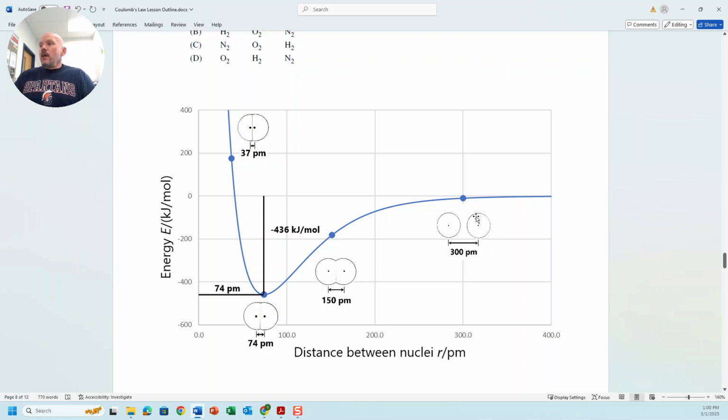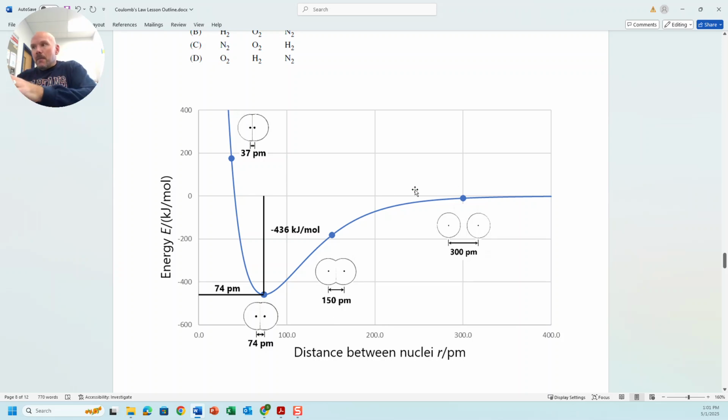And what are you increasing? The electrons in this cloud are attracted to that nucleus, and the electrons in this cloud are attracted to that nucleus. And so as they get closer, that attraction builds, but eventually you get to a point where you keep forcing them closer together, and then they start to repel each other because the nuclei, which are both positively charged, start to repel each other.